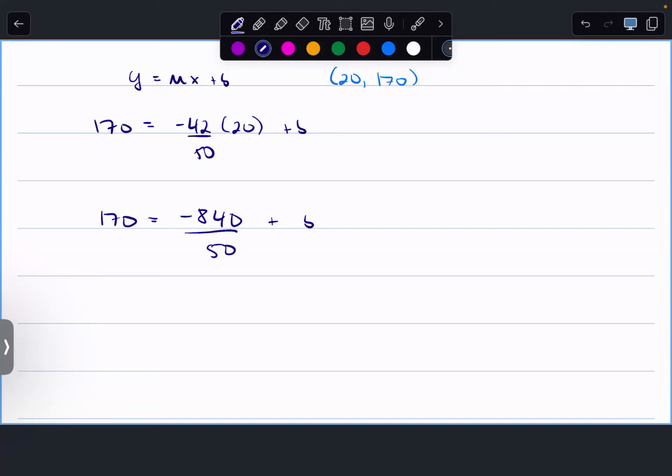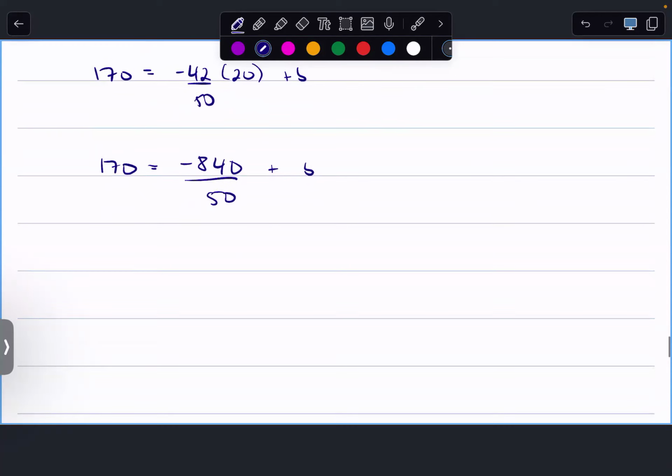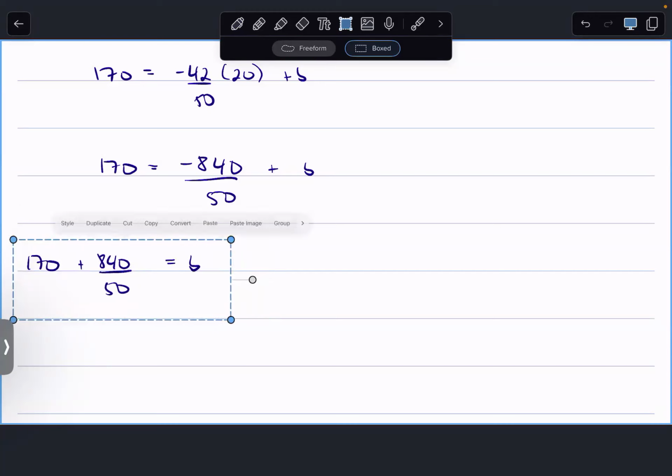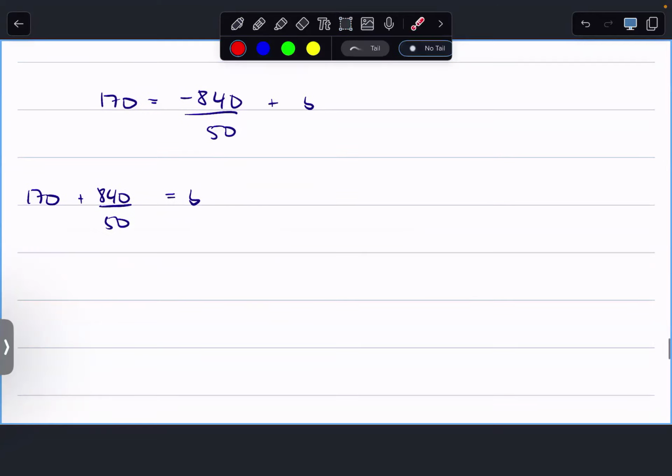So now solving for B, I'm going to subtract this, or sorry, add that to both sides. So 170 plus 840 divided by 50 is equal to B. I'm going to stack my equal signs as much as I can. Okay. If it's negative, I have to add it to both sides. Which means if I do this revolving door, what do I need to do with my fractions?